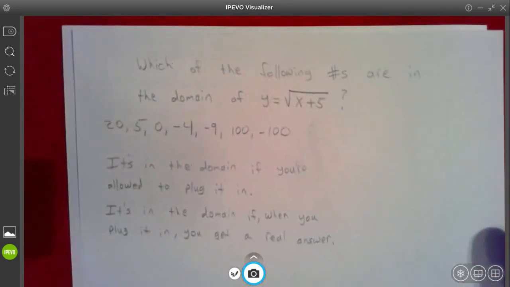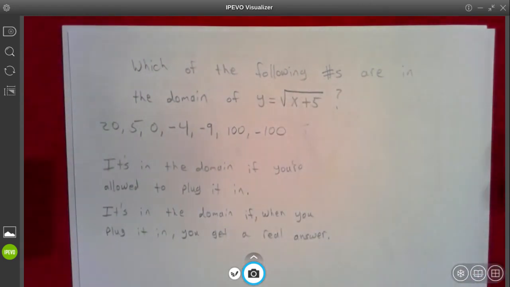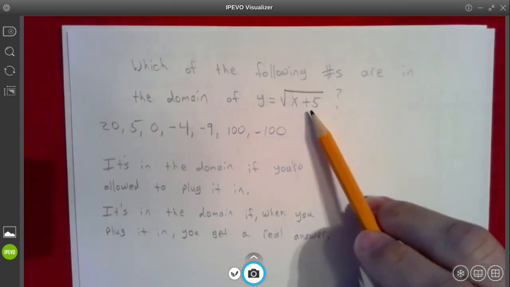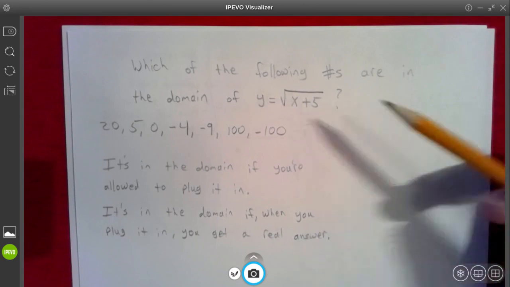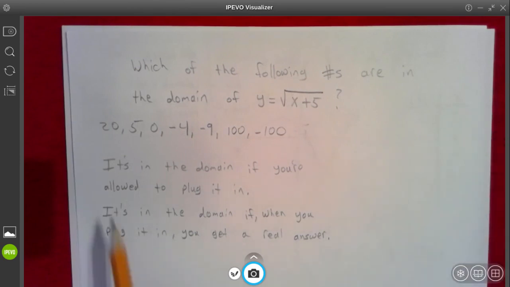We're going to focus in on radical functions this time. So there's basically two rules when it comes to domain. You can't divide by 0, which we're not going to talk about today. And then the other rule is you can't take the square root of negative numbers. So the domain is the list of numbers that we are allowed to plug in, the numbers that when you plug them in, you can get a real answer.